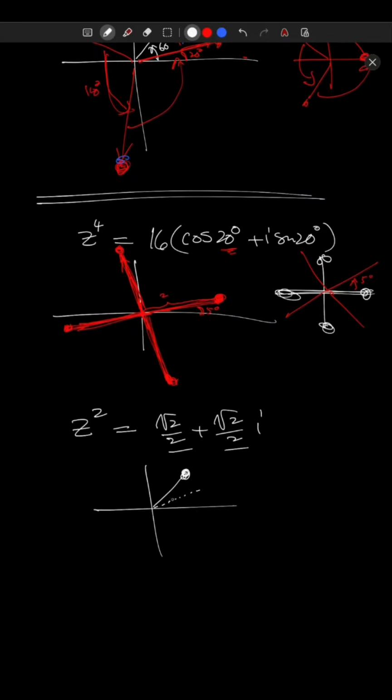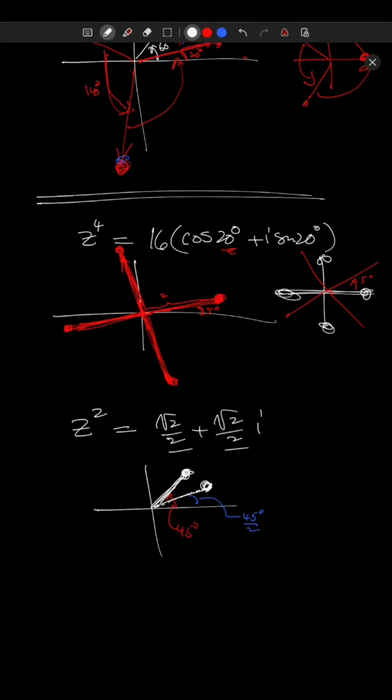Let me do this in red here. So this is 45 degrees, and this guy here is going to be 45 degrees over 2. That will give me my first core solution. It's going to be a distance of 1 from the origin, because root 2 over 2 plus root 2 over 2 i has absolute value 1.